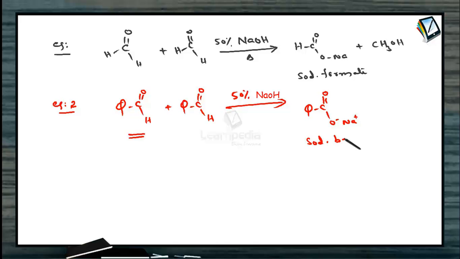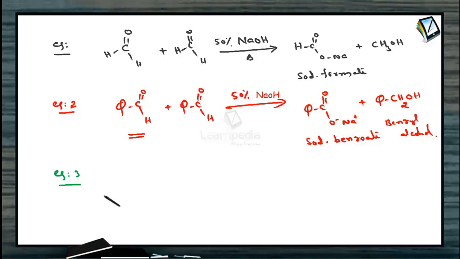That is sodium benzoate, which is the salt formed during the Cannizzaro's reaction, considered to be the oxidized product. Then what about the reduced product? It is another molecule of benzaldehyde which undergoes reduction to give benzyl alcohol, that is C6H5CH2OH. So one is benzyl alcohol and the other one is sodium benzoate, which are the Cannizzaro products of benzaldehyde.